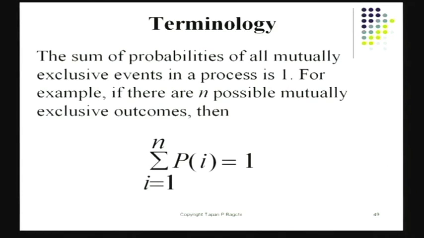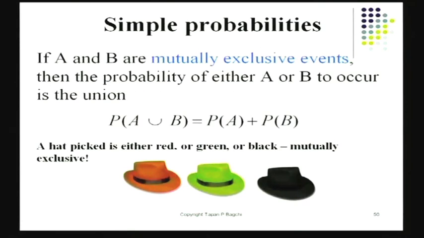You already know about this condition here, which is that the sum of all the probabilities should be equal to 1. If you talk about mutually exclusive events, it is sort of like this: you go and pick a couple of hats, and there are a certain number of red hats and a certain number of green hats, a certain number of black hats.